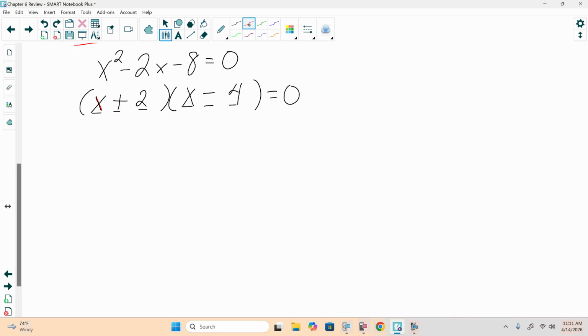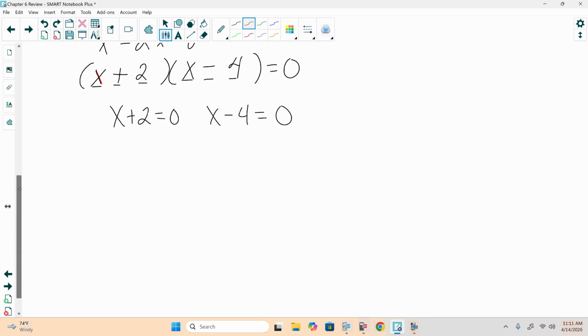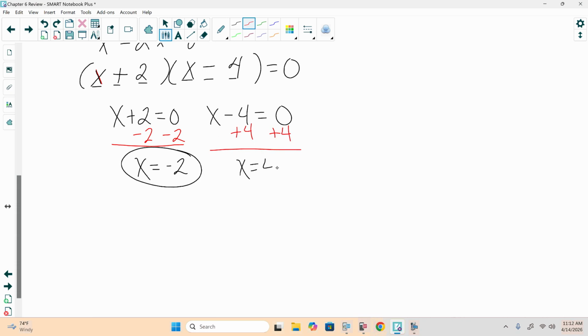We have 2 things multiplied together to equal 0. So either x plus 2 is 0 or x minus 4 is equal to 0. For x plus 2, we would subtract 2, telling us x is equal to negative 2. With x minus 4, we would add 4, telling us x is equal to 4.